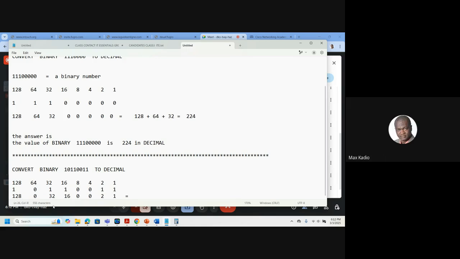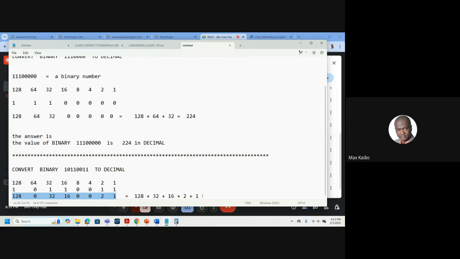Equal. Now you take your calculator. 128 plus 32 plus 16. Plus, not finished. Plus 2 plus 1. Very good. So you do everything here plus, plus, plus, plus.